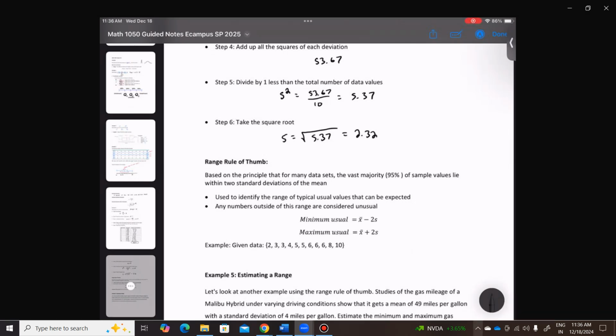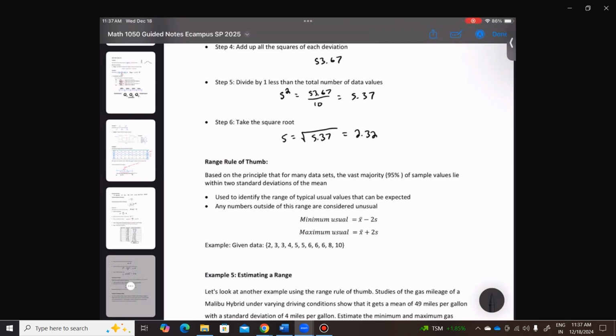All right, we also have what's called the range rule of thumb, which is a way to find what are called usual values. Don't consider them the same as min and max. This is the min usual, the max usual. So anything that would be too high or too low will be taken out of this. The calculation's pretty straightforward. It's your mean minus 2 times standard deviation, and your mean plus 2 times standard deviation.